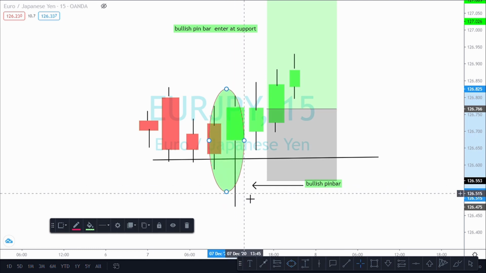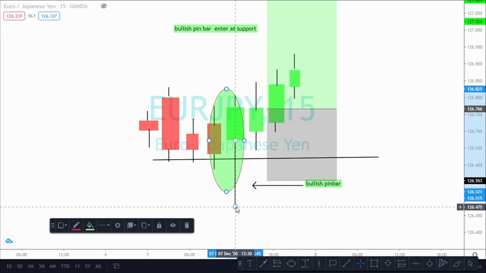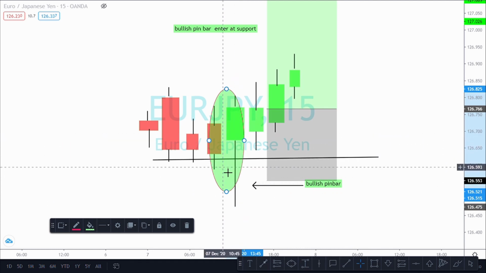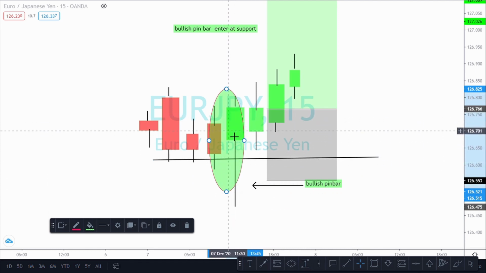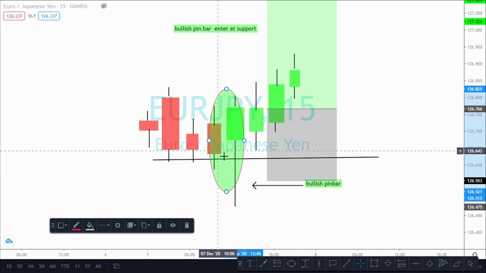It's when the previous bear candle comes down and then comes back up with the wick to form this. It doesn't have to come all the way up to here. It just needs to come above where the last bearish candle was.